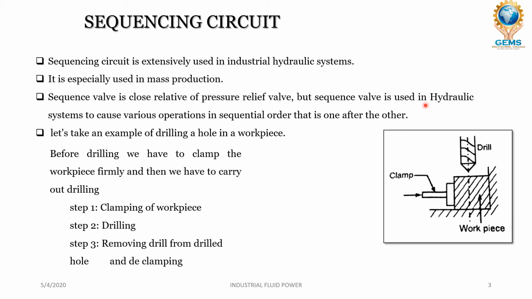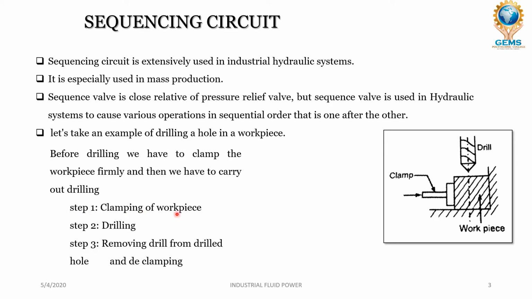But sequence valve is used in hydraulic systems to cause various operations in sequential order, that is, one after the other. Let's take an example of drilling a hole in a workpiece. Before drilling, we have to clamp the workpiece firmly and then carry out drilling.